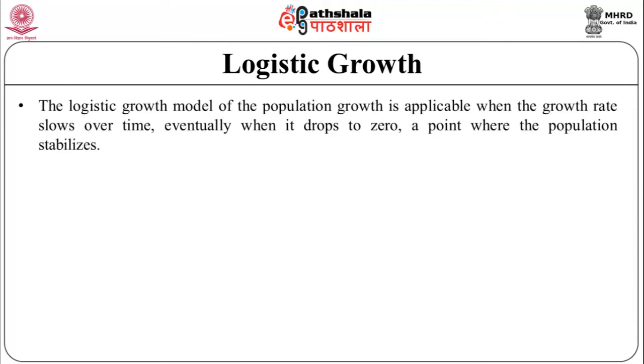The logistic growth model of population growth is applicable when the growth rate slows over time, eventually dropping to 0, a point where the population stabilizes.